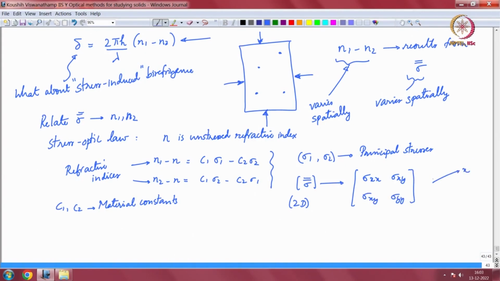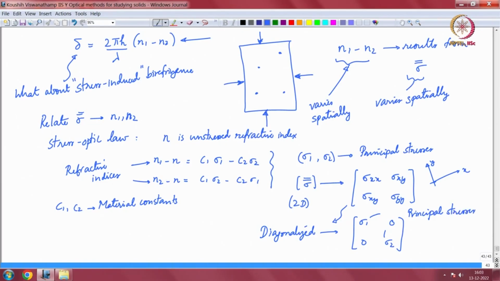So, let us say x is like this and y is like this. The stress tensor can be diagonalized of course, because it is symmetric, and any symmetric tensor can be diagonalized, and if it is diagonalized it is brought into this form, and these sigma 1 and sigma 2 are the principal stresses. Okay.